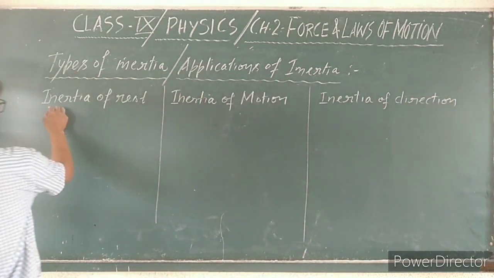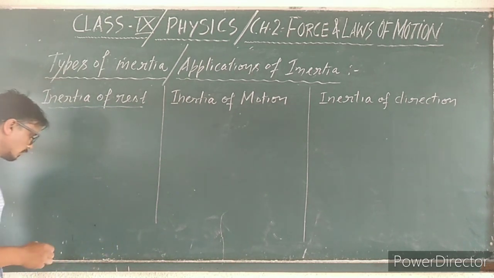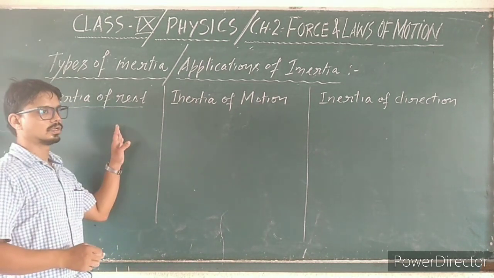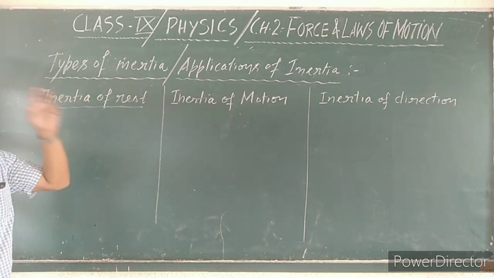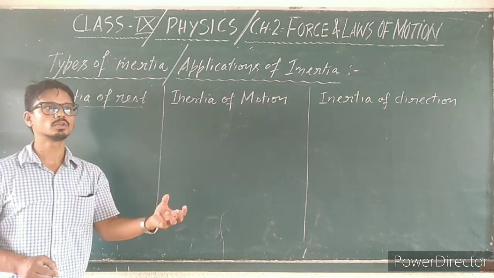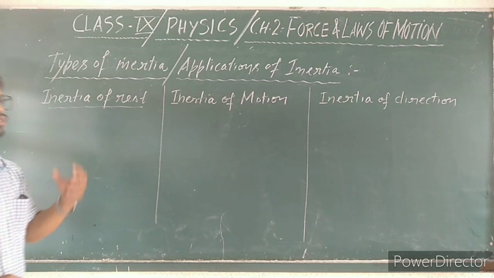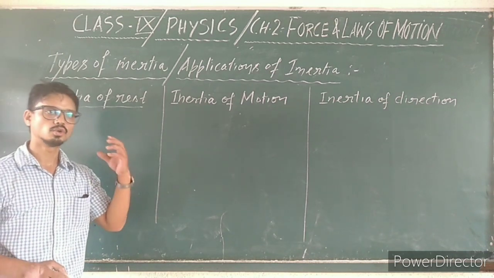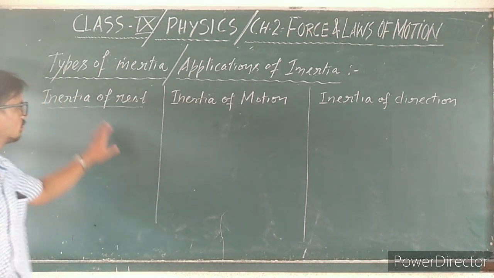Okay guys, for inertia of rest, it means if an object is at rest, it has a tendency to remain in its position and also to resist or oppose any change in its state of rest.